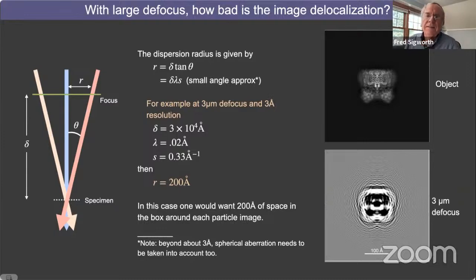Less defocus, less delocalization. Most of their images were below 3 microns. Okay, so do you like that? This is our first practical tip: you can estimate how big the box needs to be around your particle image to include all of the delocalized information.